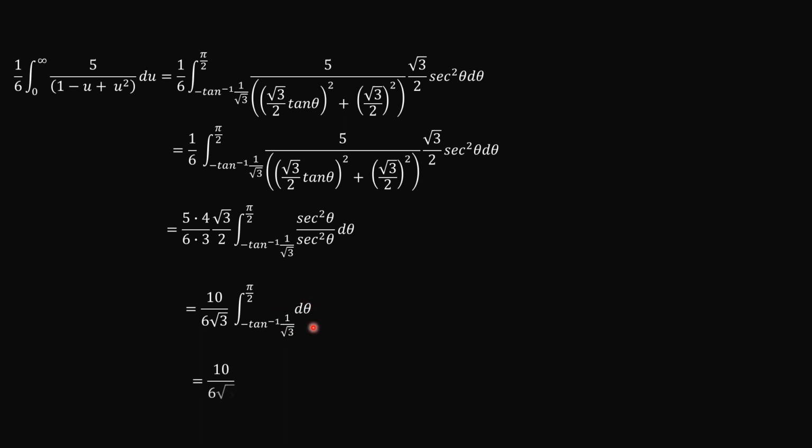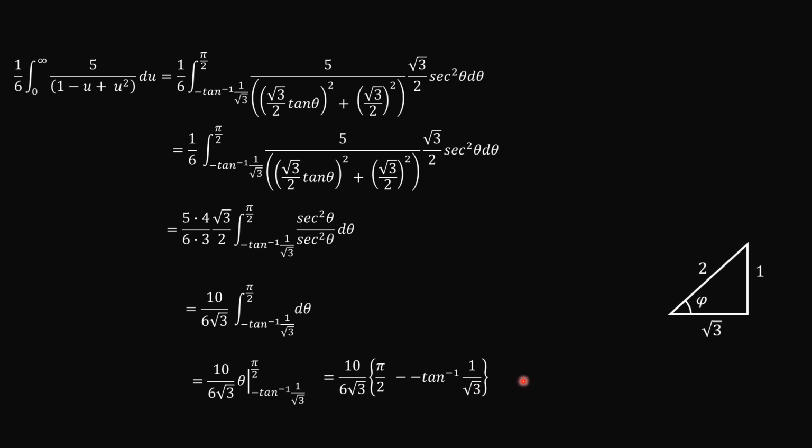That easily becomes 10 over 6 root 3 times pi over 2 minus negative arctangent of 1 over root 3. Now the value of arctangent of 1 over root 3 can be found if we have tangent of angle phi equal to 1 over root 3.